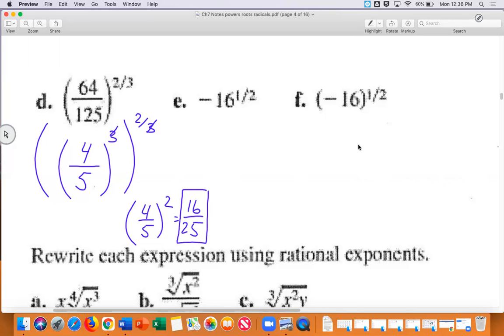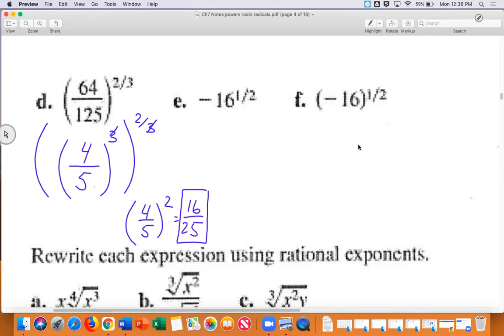Now the negative 16 to the 1/2. First off, is this saying negative 16 to the 1/2, or is it saying the opposite of whatever 16 to the 1/2 is? There's a difference. Is that negative linked with the 16, or is it not?